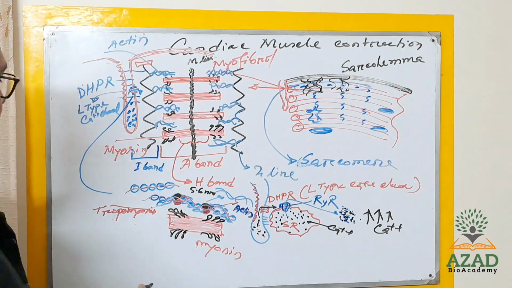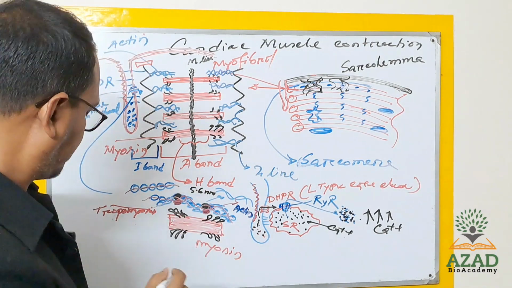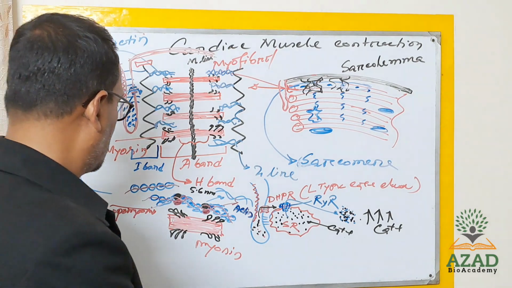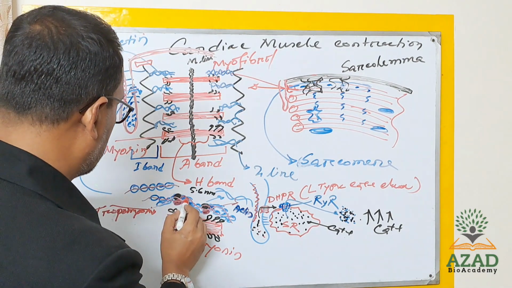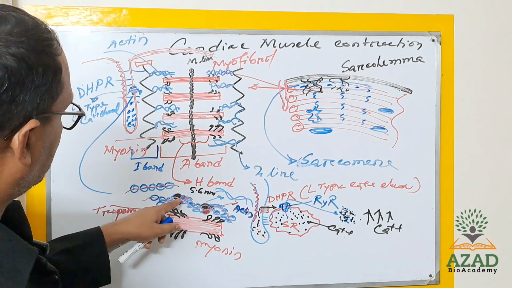Normally, this troponin complex has three types of troponin.